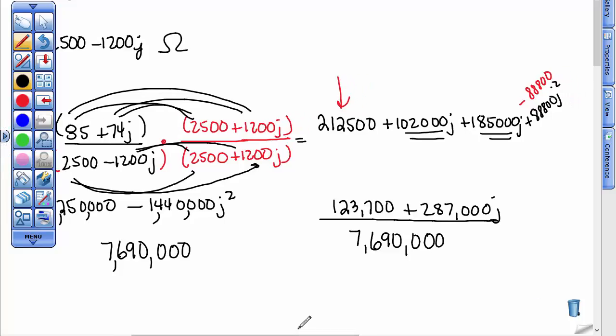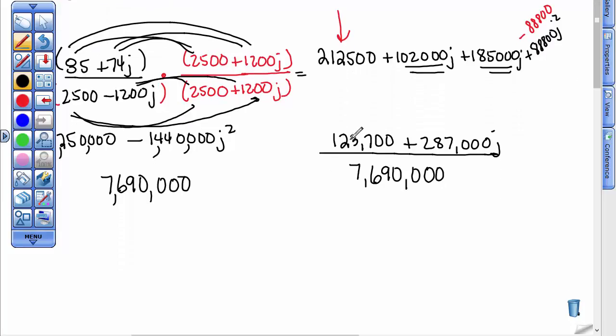And then my guess is the author is going to take this number divided by this number. So 123,700 divided by the 7,690,000. And the decimal equivalent for that is 0.0161.